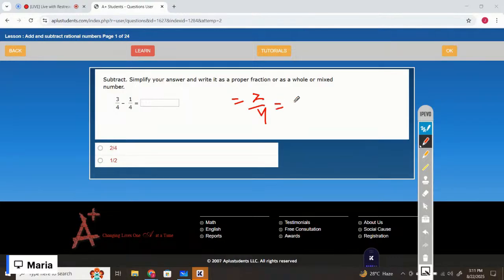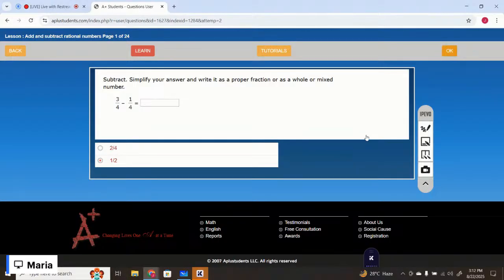You need to write it in the simplest form, that is 1 over 2. So option number 2 is the correct option. 1 by 2 it is.